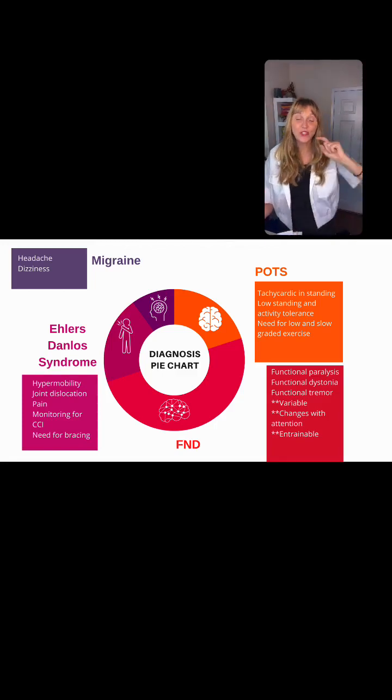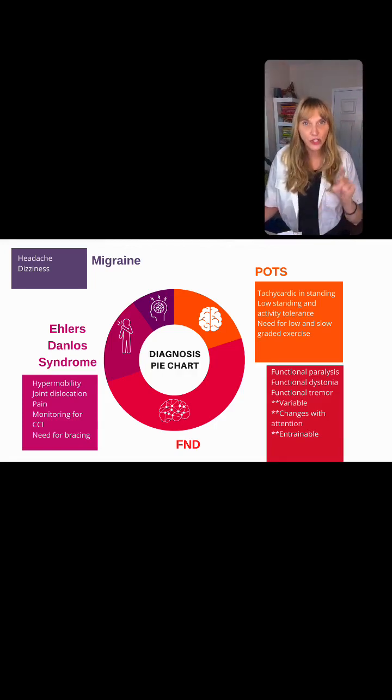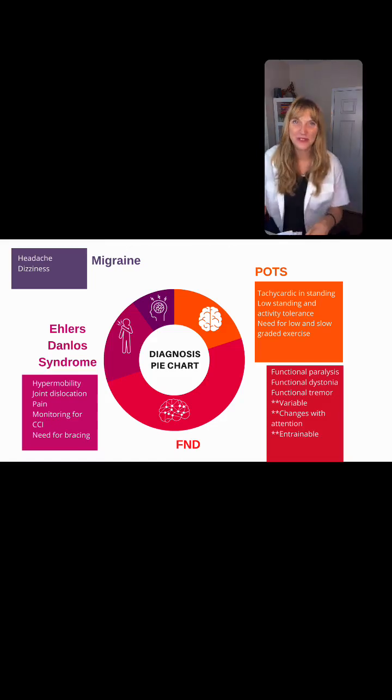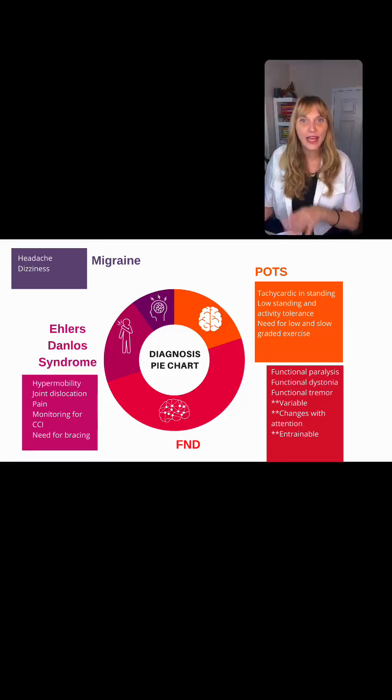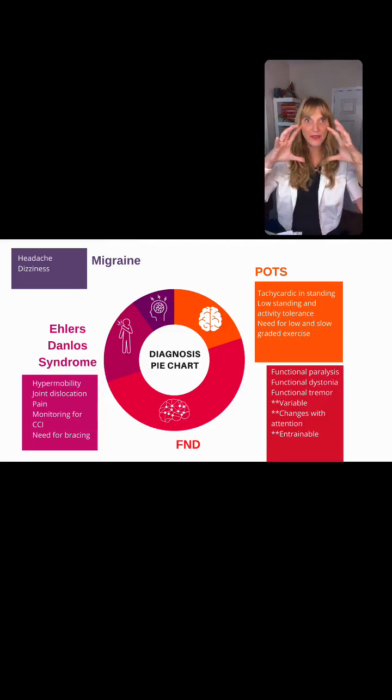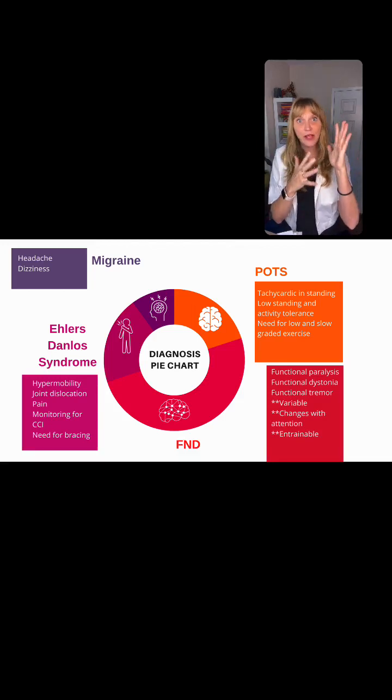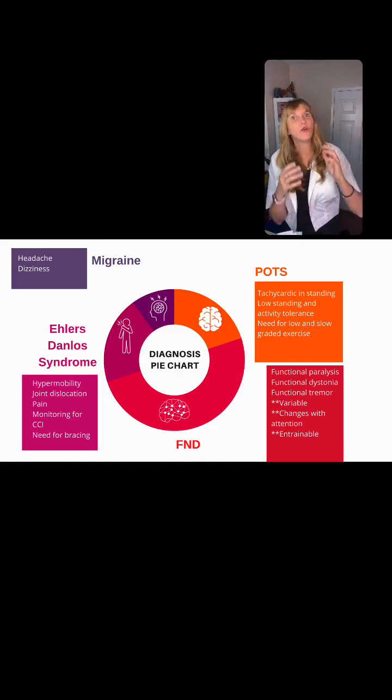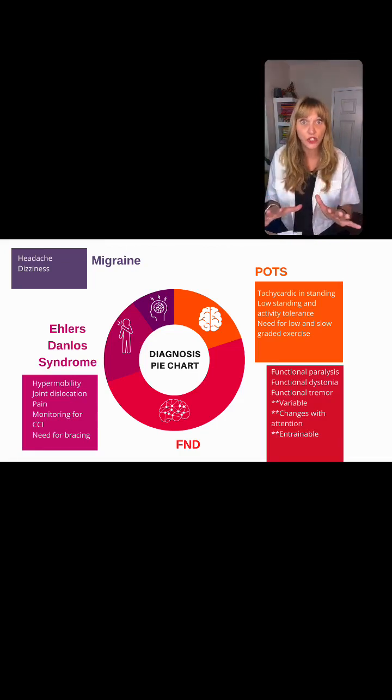Somebody else asked, is dystonia FND? Great question. There is functional dystonia. There's also dystonia that's not functional. That's confusing, right? Often what I will see is an idiopathic dystonia, or a genetic dystonia, or a task-specific dystonia like runner's dystonia, or a cervical dystonia, and it's not functional.